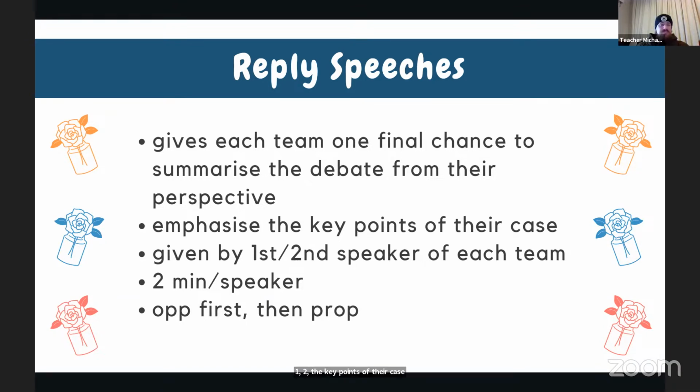If you have a look at the last point on the page, it says opposition first, then proposition. Now, this is quite strange by our debating standards, because up to this point, it's always the proposition that's gone first, then the opposition team has gone second. But for reply speeches, we flip that order around, and the opposition team goes first, and then the proposition team goes last.